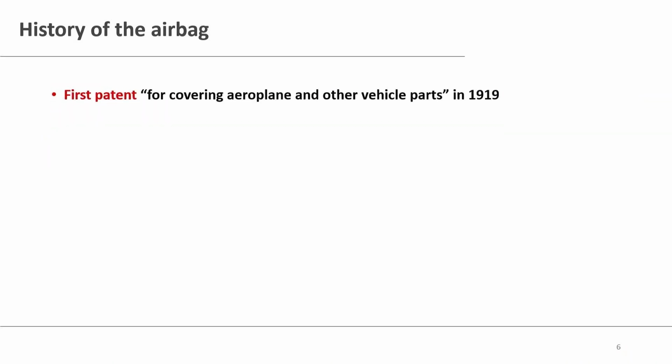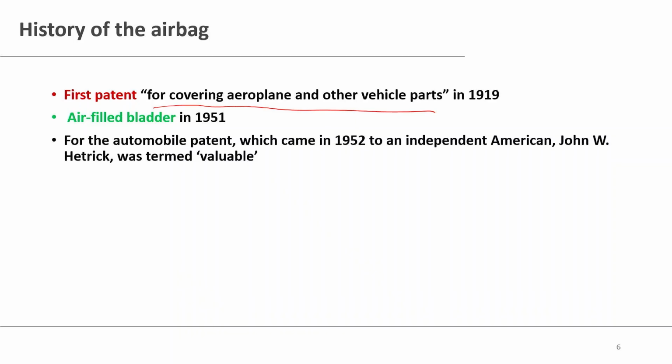If we see the history, in 1919 the first patent was there for covering the aeroplane and other vehicle parts. Air-filled bladders were used in 1951. In 1952, there was another patent.